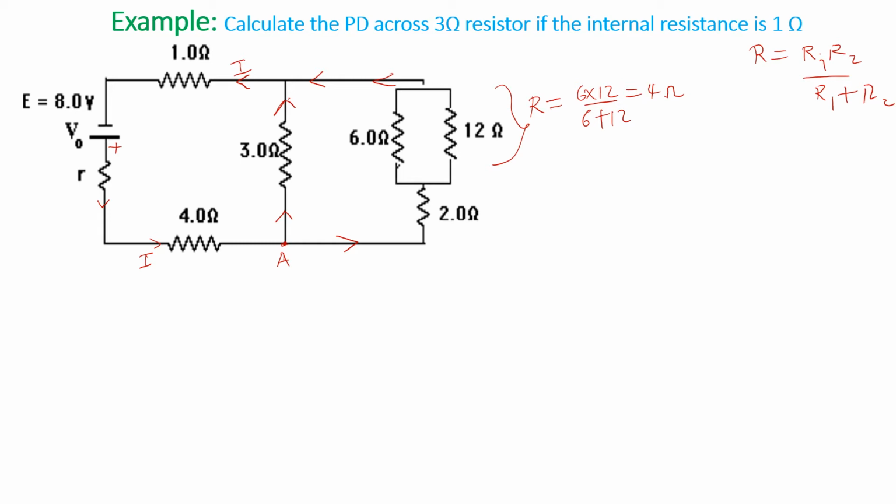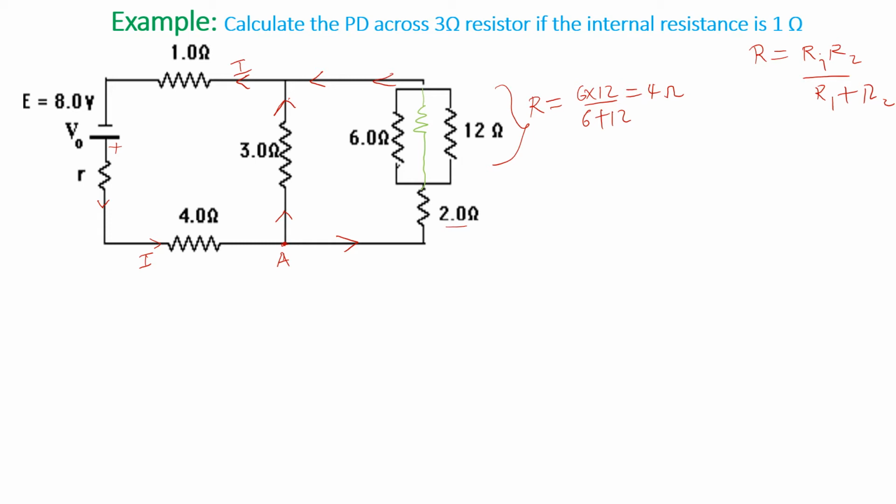Now we no longer have 2 resistors, but we have a 4 ohm resistor, and that is going to be in series with the 2 ohm resistor. So we remove all of them and have 1 resistor in green, which is 4 ohm. You can clearly see that this green resistor is in series with the 2 ohm resistor.